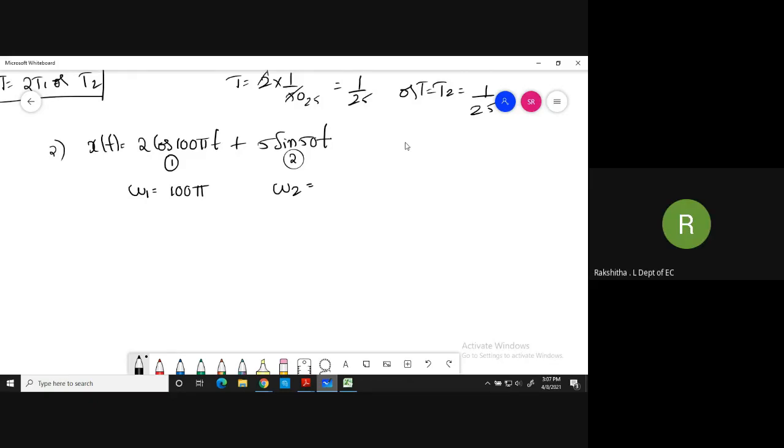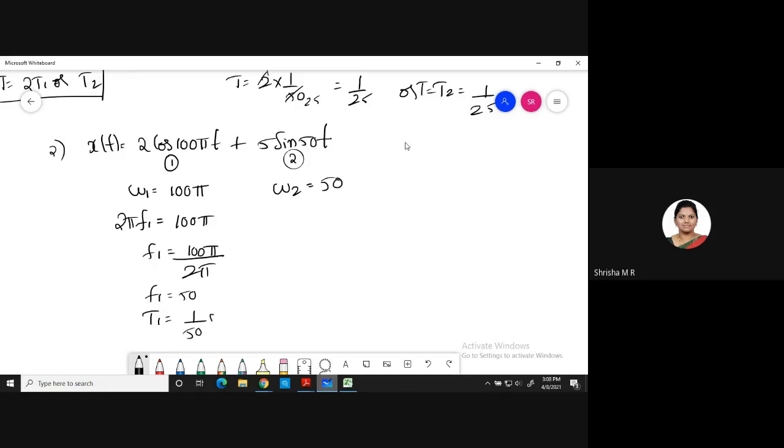Omega 2 is just 50. So we can write omega 1 as 2 pi f1, which is equal to 100 pi. So f1 is nothing but 100 pi by 2 pi, which is 50. So the time period T1 is equal to 1 by 50 seconds.